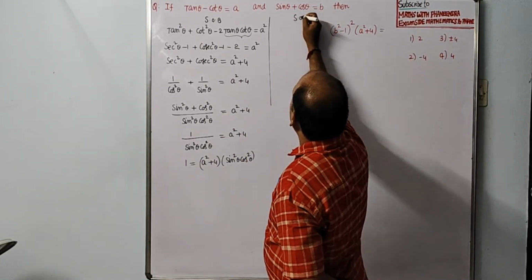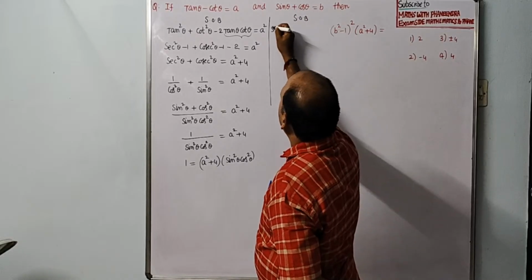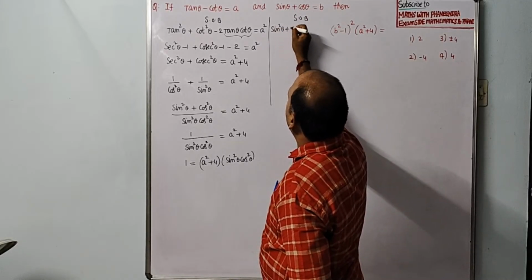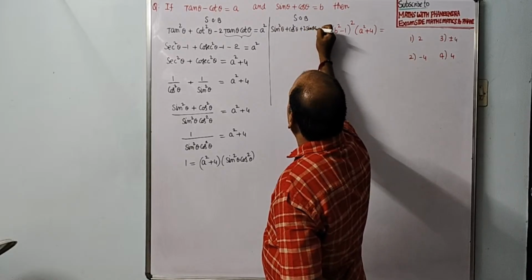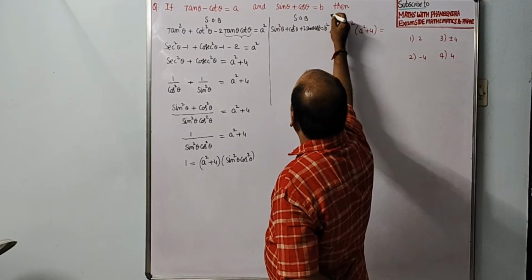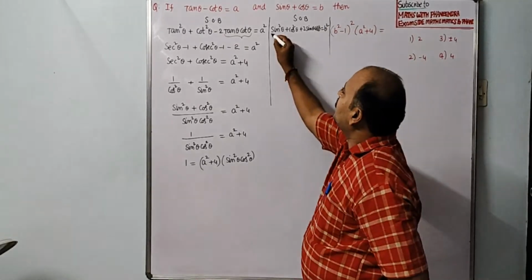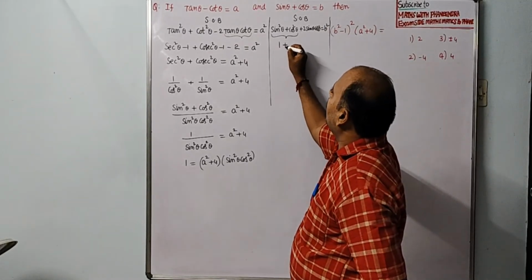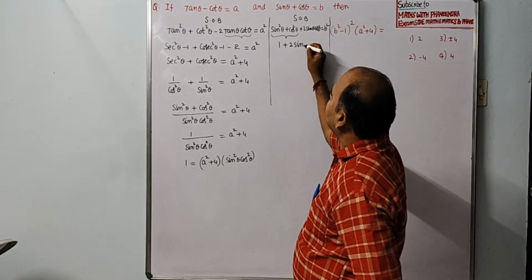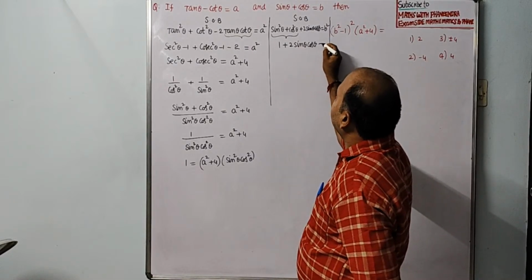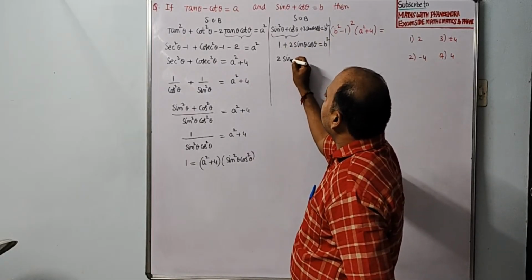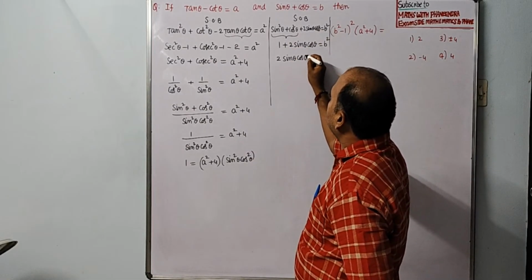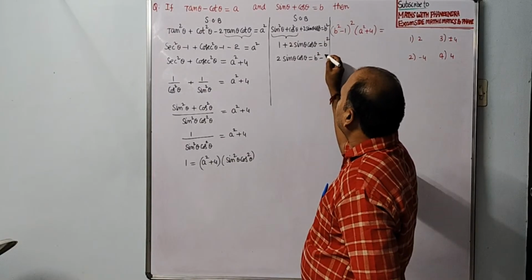Here also, squaring on both sides. Sin square theta plus cos square theta plus 2 sin theta cos theta is equal to B square. Sin square theta plus cos square theta is 1. 1 plus 2 sin theta cos theta is equal to B square. So 1 bring this side, 2 sin theta cos theta is equal to B square minus 1.